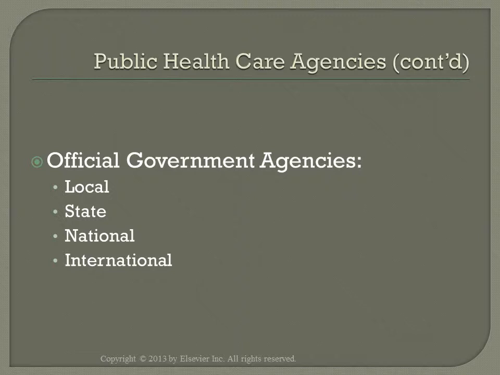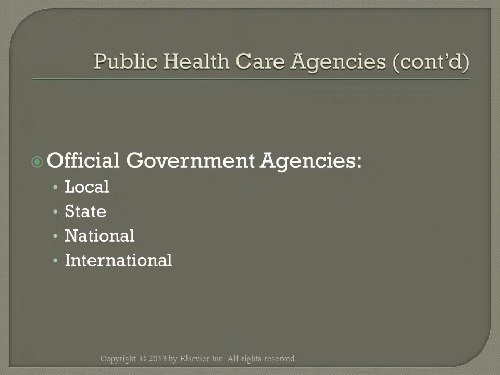On the international level, we have one that we look at, and this is the World Health Organization, which is an agency of the United Nations located in Geneva. The major objective of WHO is the highest possible level of health for people all over the world.